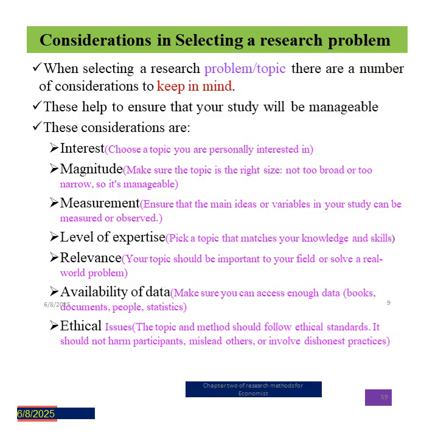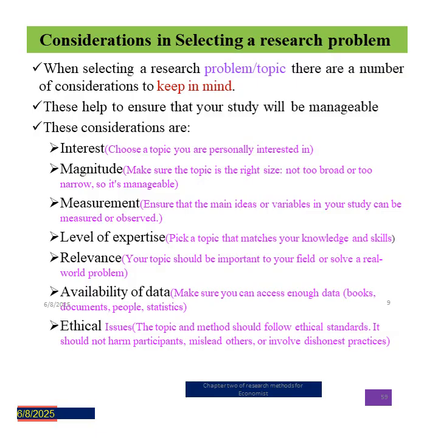The other is availability of the data. Many researchers, especially graduate students or students who are going to graduate, as a requirement, have to conduct a research. For that, you have to select a research problem that is good for you to get the data.